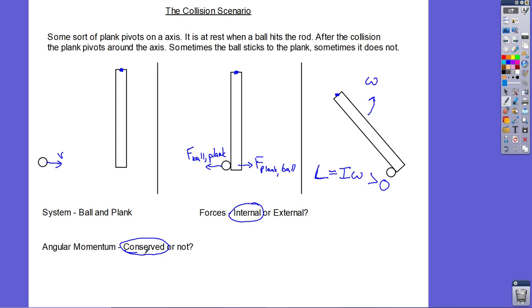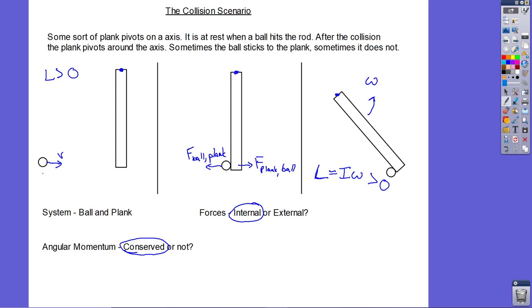So that means that the system had to have angular momentum before the collision. And you may be asking yourself, and it's a very legitimate question, how can it have angular momentum if nothing's spinning or rotating? And the answer is that this object has angular momentum.